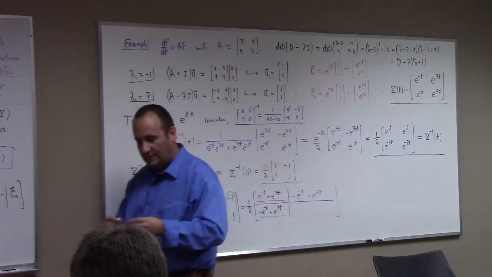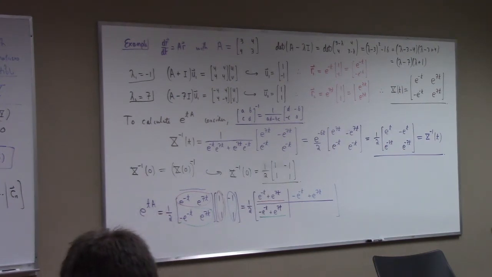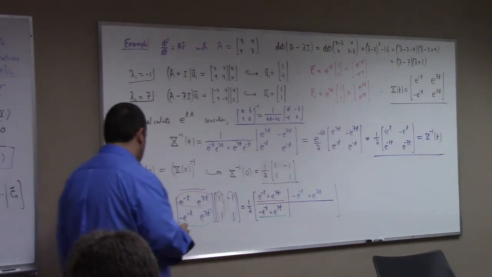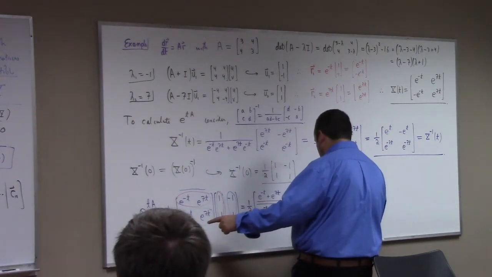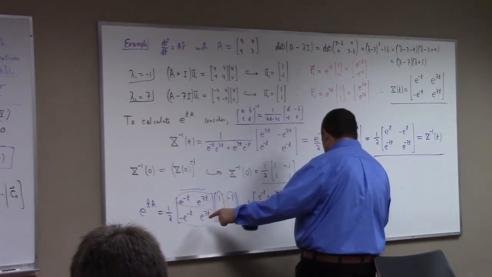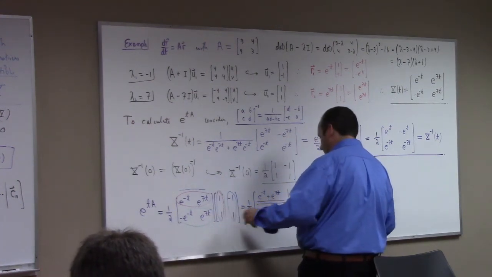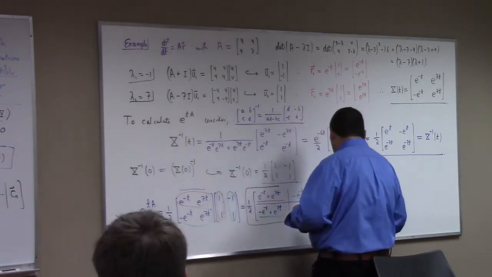And then finally, we'll take the second column and dot with the second row to obtain the 2, 2 position in the product. That's going to give us minus minus gives me plus, so I get e to the minus t plus e to the 7t. And there you go. That is the matrix exponential.